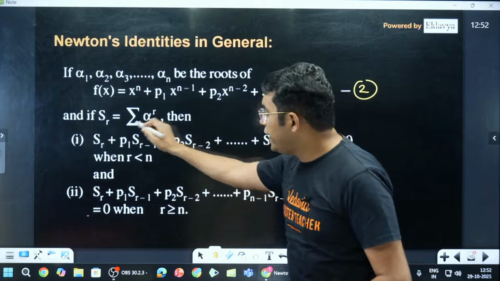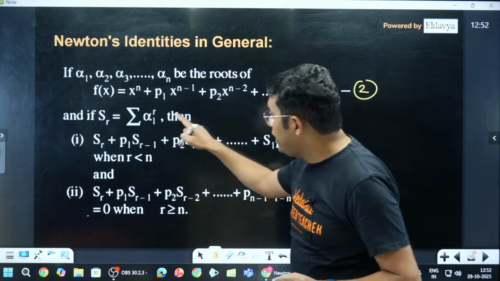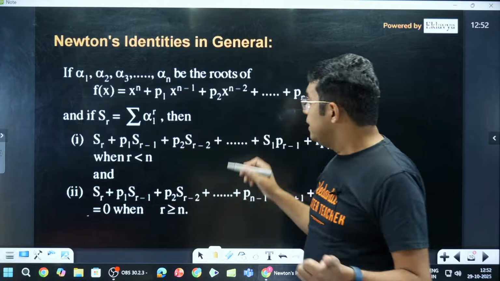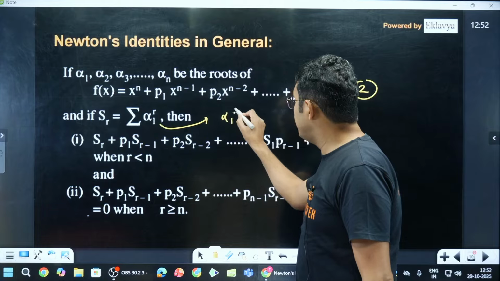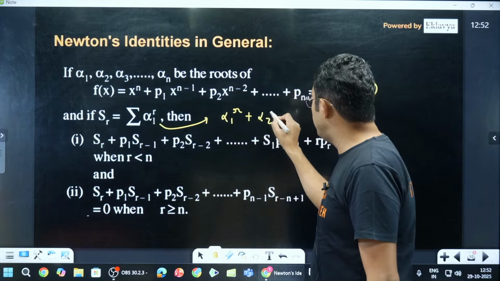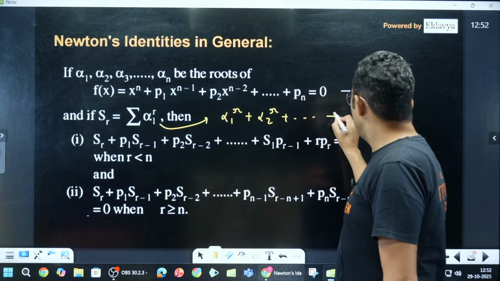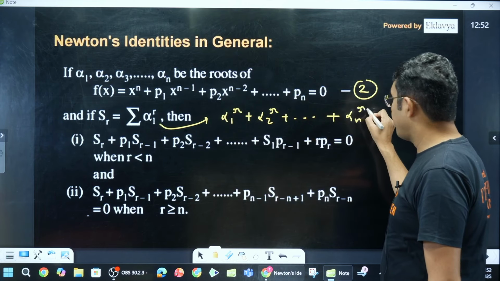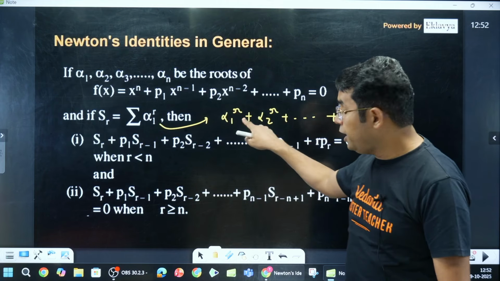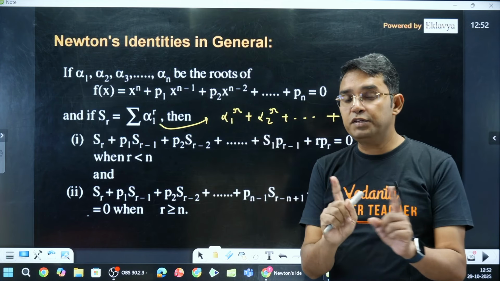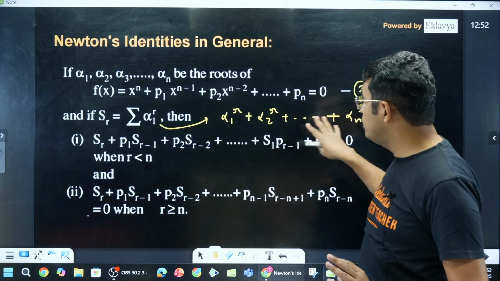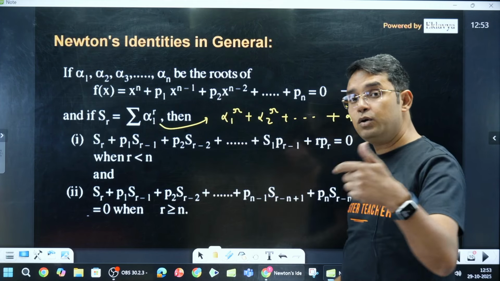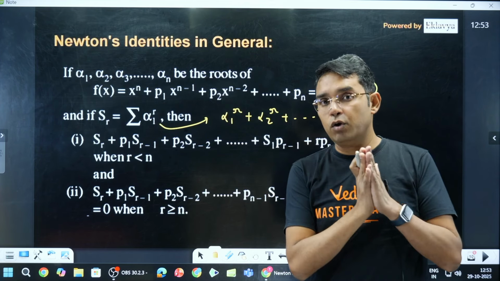Now we are defining a sequence Sr by alpha 1 power r plus alpha 2 power r and so on up to alpha n power r. Here I have not multiplied coefficients like p and q to these alpha 1 power r, alpha 2 power r, which was there in the quadratic when I was taking n greater than or equal to 2.